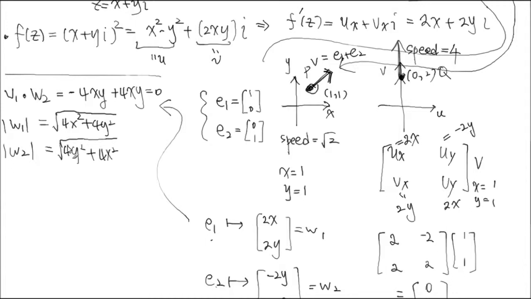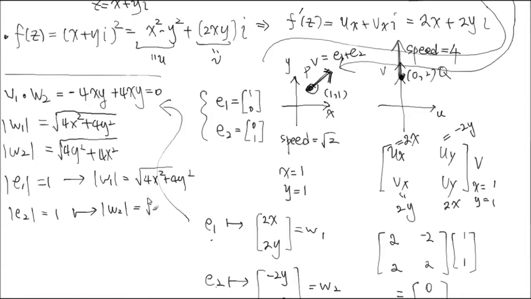So E1 and E2 are rotated, keeping the 90 degrees, and how much is each of them stretched? Exactly by the same factor, right? So E1 has length 1, but W1 has length whatever that is. E2 has length 1, and its image, W2, also has exactly the same length, right?